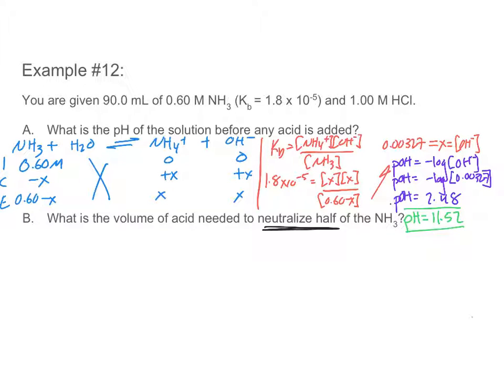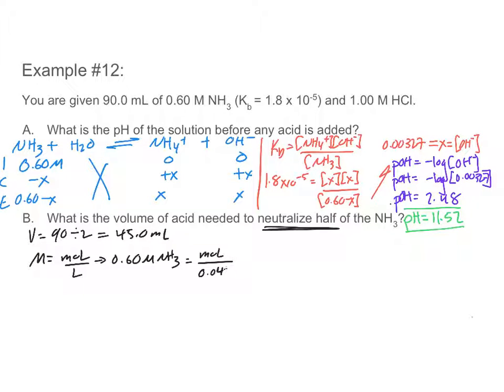So in this case, if I know that my new volume is 90 divided by 2, which is 45 milliliters, if I want to neutralize half of that, molarity is equal to moles divided by liters. 0.60 molar NH3 will be equal to moles over 0.0450 liters, which equals 0.027 moles of NH3.